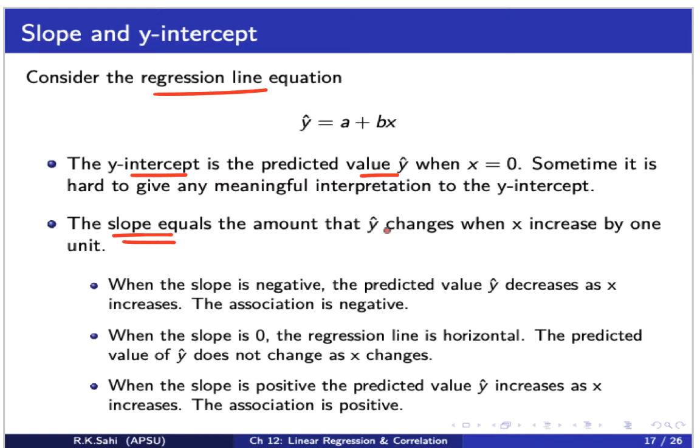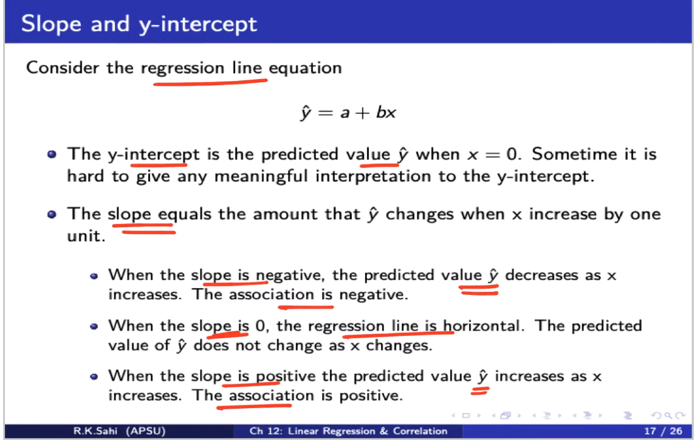It equals the amount that y hat changes when x increases by 1 unit. When your slope is negative, the predicted y value will decrease as x increases. That means the association is negative. On the other hand, when the slope is 0, the regression line is a horizontal line. That means the predicted value will not change as x changes. Finally, when the slope is positive, the predicted value y hat will increase as x increases, which in turn says that the association is positive.